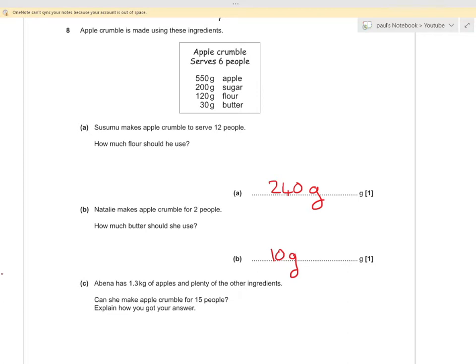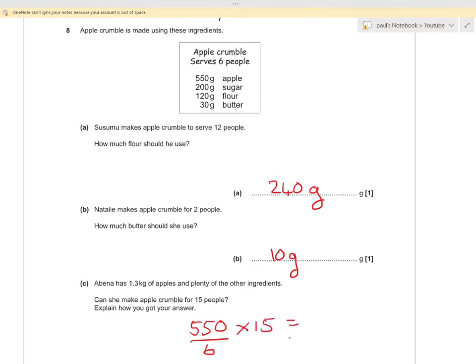Albina has 1.3 kilos of apples and plenty of all the others. Can she make crumble for 15 people? Well, 15 people is, what have we got? 1.3. So, what are we doing? Apples. So 550 divided by the 6, find out how much it is for one person, then multiply that.